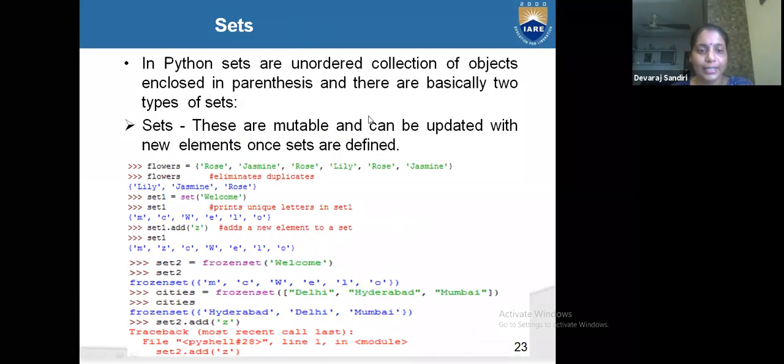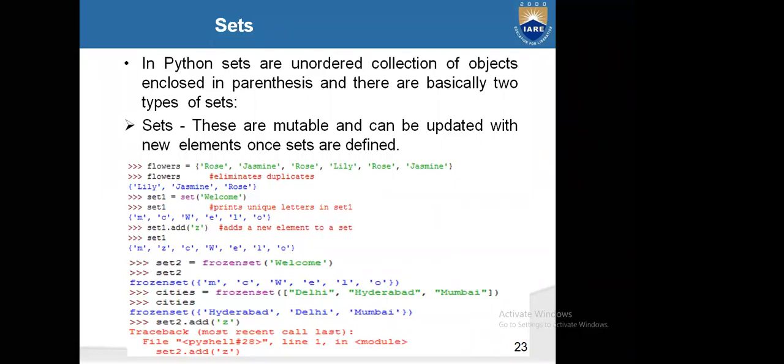So what is a set? A set is written in curly braces. What is the meaning of a set? See, in Word you will get the definition of a set. In Python, sets are unordered collections of objects enclosed in curly braces. Sets are mutable and can be updated with new elements once defined.